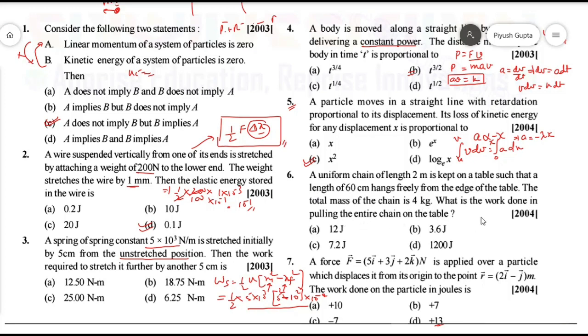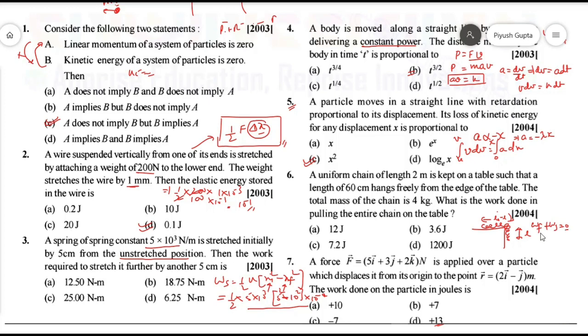So we have done this same derivation in the previous video. This is going to be the chain, and some length is here. Suppose this length is L, and this length is total L naught minus L. Okay, and the work done is in pulling the entire chain on the table. So work done by F external plus work done by gravity has to be 0 because it's done slowly.